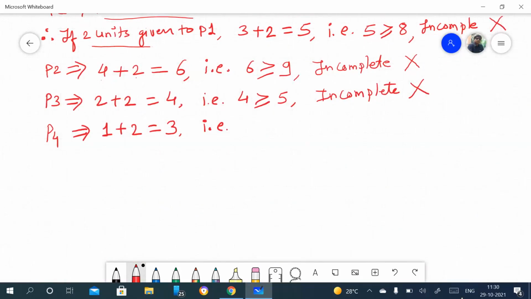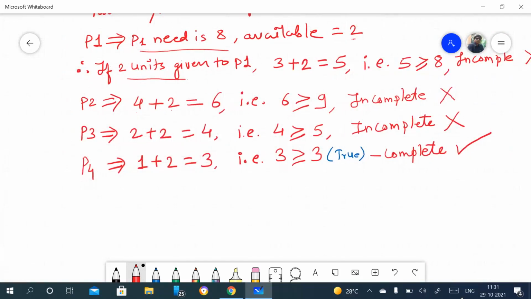So we can say 3 is less than or equal to 3. So this is true. Complete. So this is executed. Now we can see here P4 is executed.